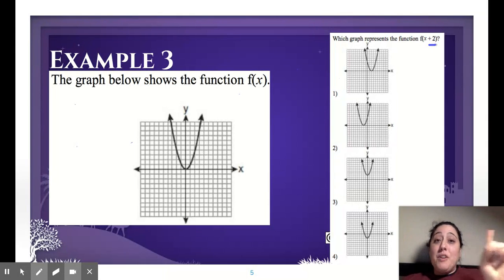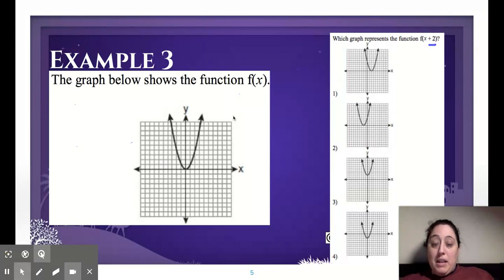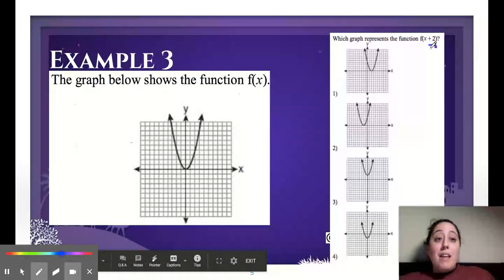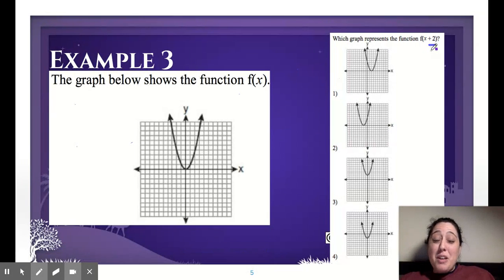Okay, and if you're not sure, just do a simple parent function and put parentheses x plus 2, see which way it moves. All right, so why am I getting all these pop-ups? Okay, so plus 2, it's the opposite of what you would think. This actually would move to the left 2 spaces.